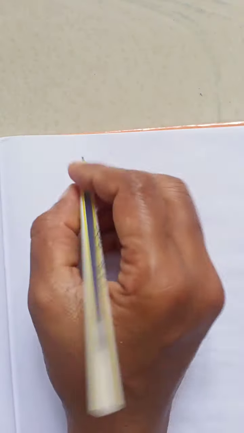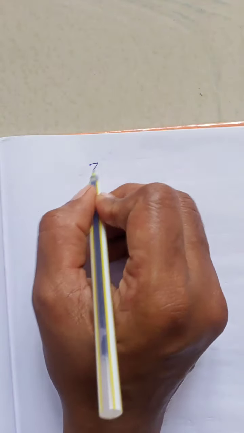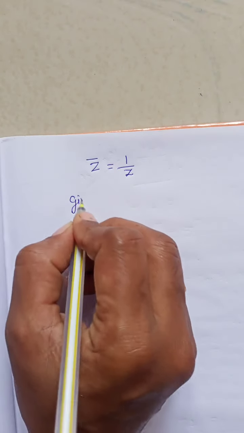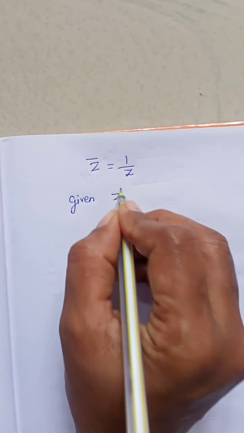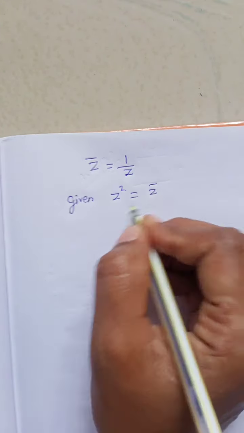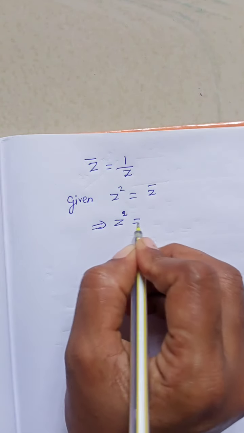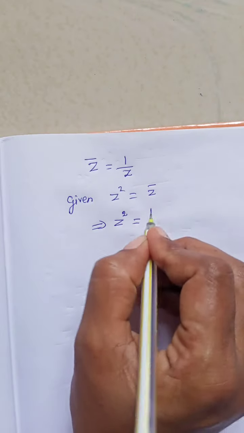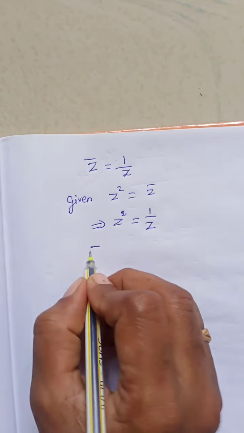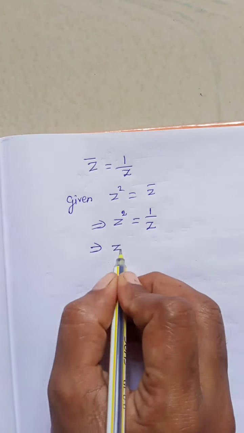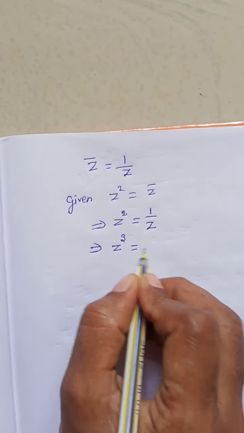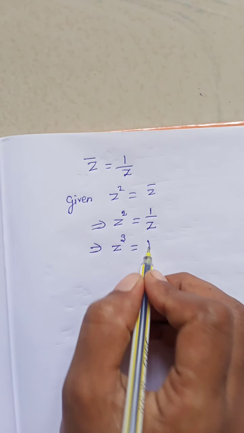So we get Z bar is equal to 1 by Z. Keep it. Now I am taking the given Z square is equal to Z bar, which implies Z square is equal to 1 by Z. So which implies, cross multiplying, I am getting Z cube is equal to 1.